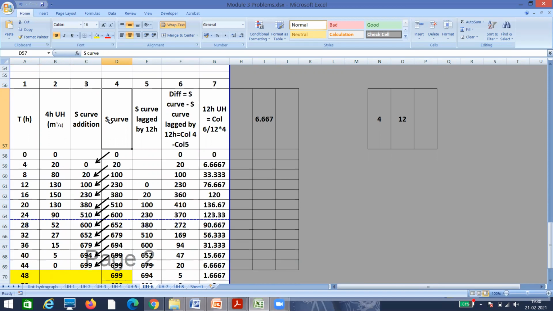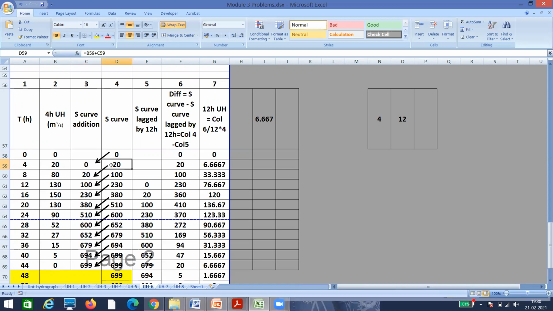Now how I'll fill it: first 0 plus 0 is equal to 0. This value, I'll take it down to your S-curve addition, to the next row. I'll transfer this value 0. Then again, 20 plus 0 is equal to 20.